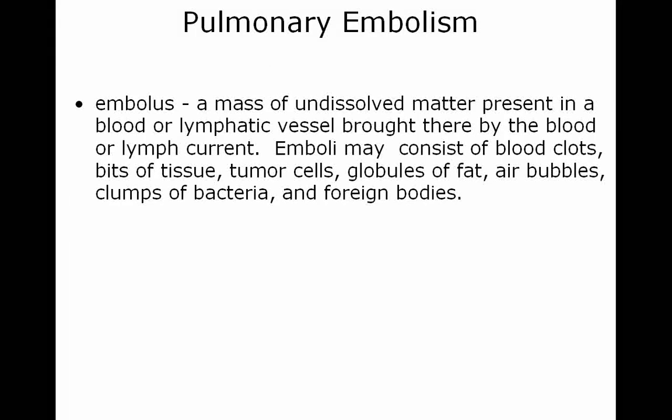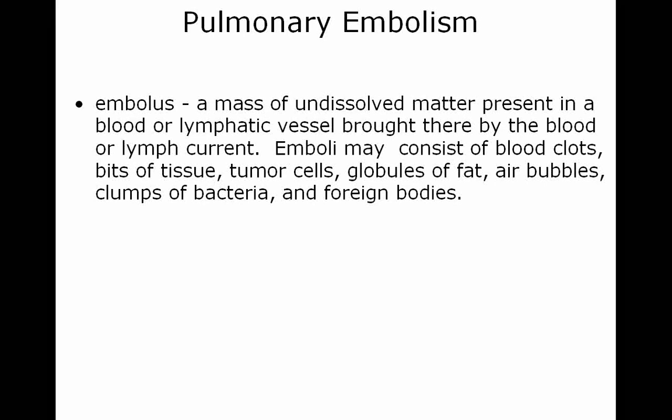And then pulmonary embolism. First of all, what is an embolus? An embolus is any type of undissolved material, a mass, that is present in the bloodstream and it's moving through the bloodstream. The emboli, more than one embolus, may be little blood clots.